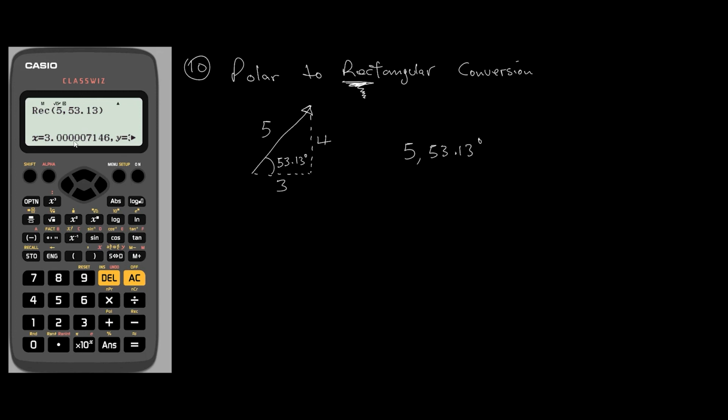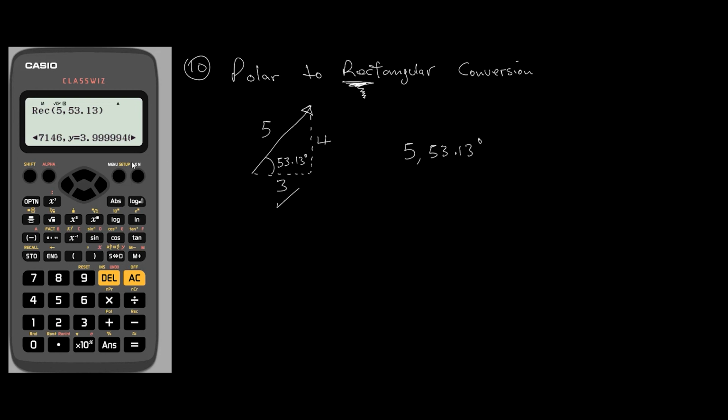X equals 3. Well, yeah, I didn't use all the decimal places for the angle. I just curtailed it at 53.13, truncated if you like. So 3, well, that bit looks okay. That's fine. And there's a bit more in display here. And if you want to see more of the display, just go across here. 3.99999, which, again, because of the truncation, 3.99 is, to you and I, 4.